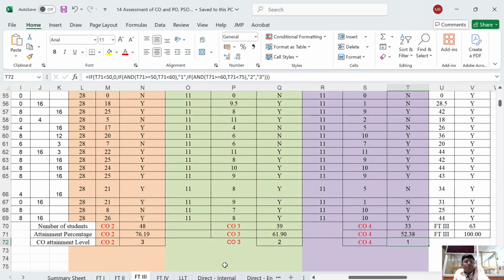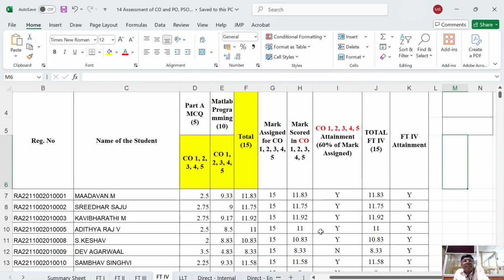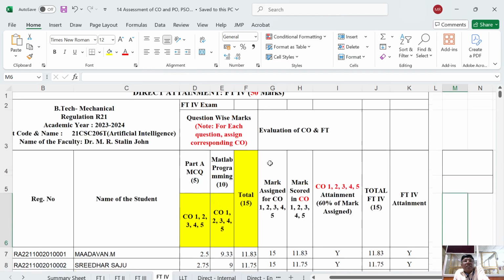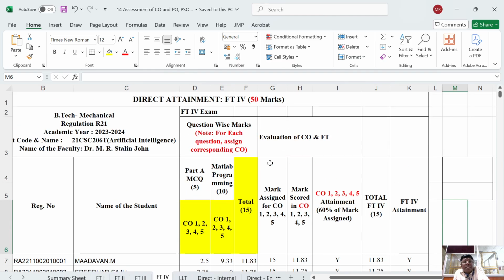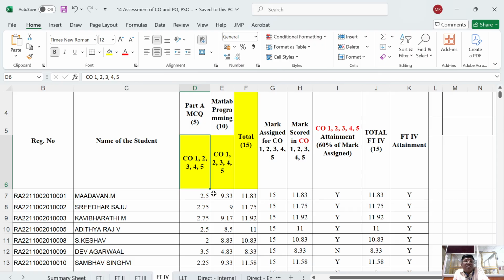And FT4, whatever way you calculated the FT4, we conducted the programming and other things, and we conducted the MCQ type also. So that program covers all the COs. We have taken all the COs as mapped, with the corresponding PO and CO value, and total CO is taken as fully 1.